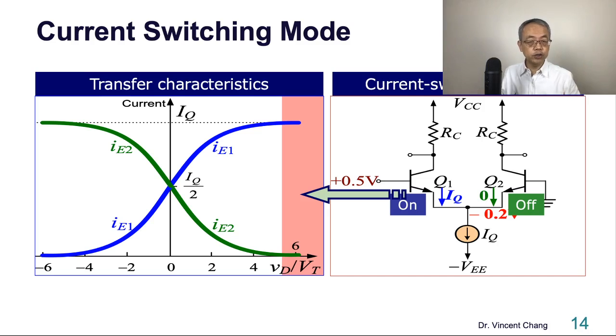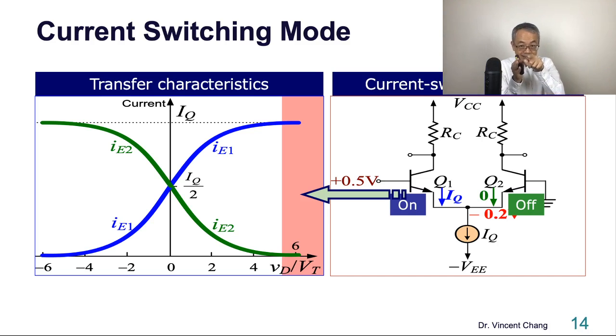How large? Remember, the horizontal axis is normalized by the thermal voltage. So how big is the thermal voltage? 0.025. So it's 20 times the thermal voltage.